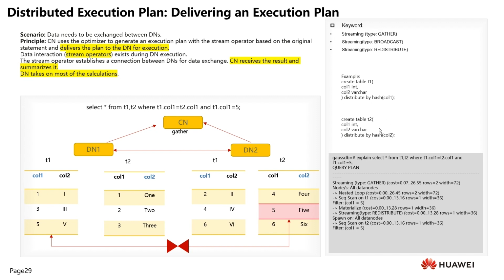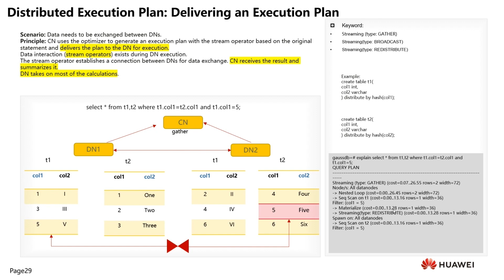Since the join key and the distribution key are not identical, one DN cannot complete the join operation completely on its own. It requires data from other DNs to complete the join. That's why the data from T2 is transmitted to DN1 by the stream type redistribute.